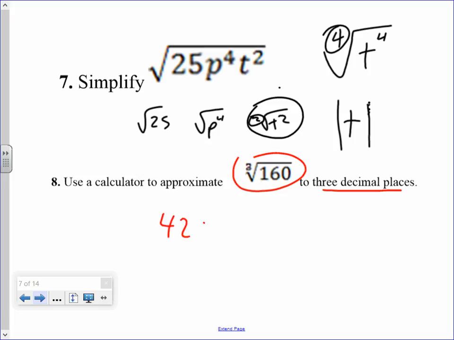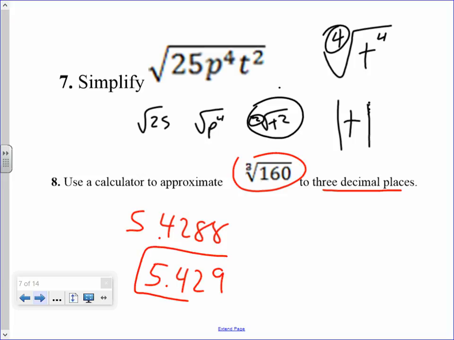5.4288. So 5.4288 means we need to write 5.428 or 5.429. You look at that 4th decimal just to determine if this is gonna be closer to being 429 or 428.